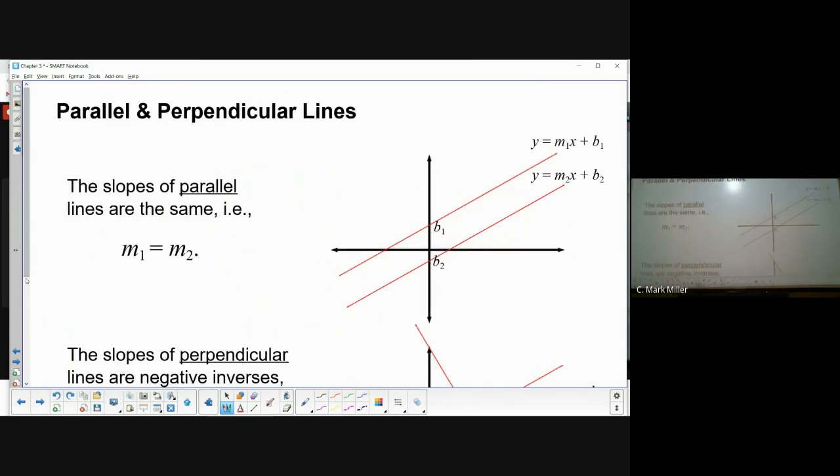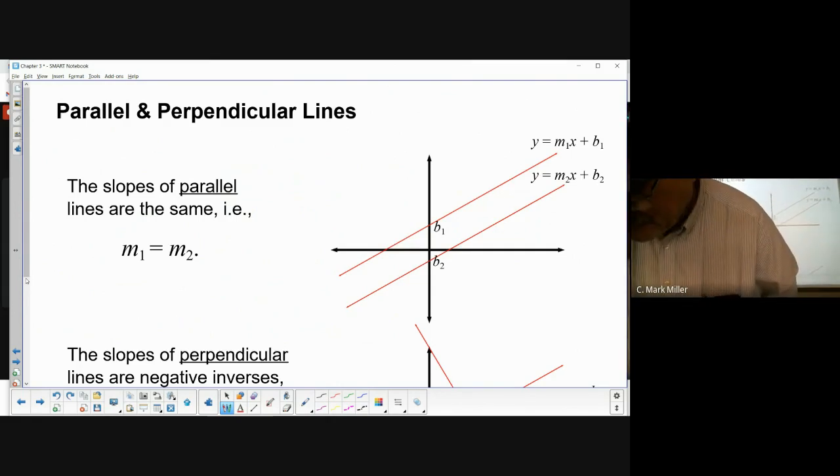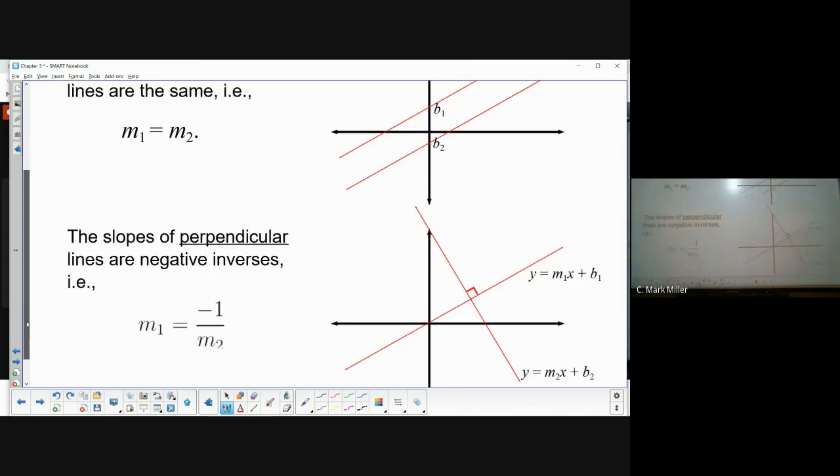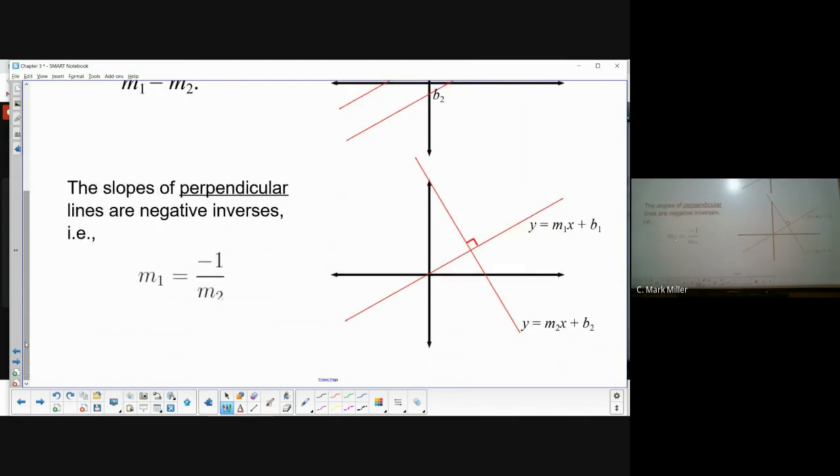Parallel and perpendicular lines. You should have had this before. Parallel lines have the same slope. Perpendicular lines have this relationship here. The slopes of two perpendicular lines are negative inverses of one another.